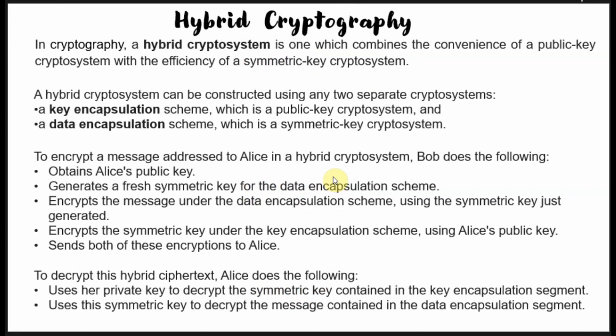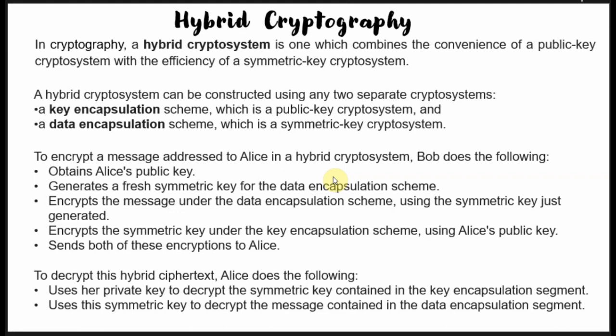There is also the concept of hybrid cryptography. So if you do not want to use only symmetric or public key, you can also combine them. You can combine symmetric and then public key, all right? So that's the concept of hybrid cryptography. And we have what we call key encapsulation and data encapsulation.